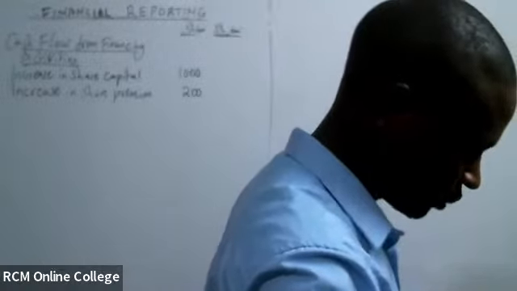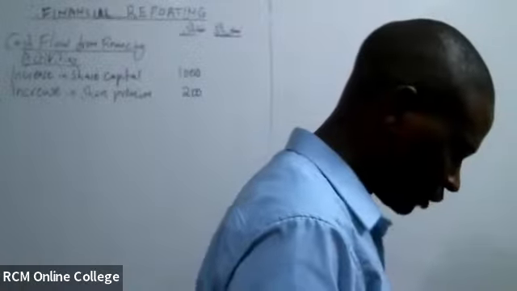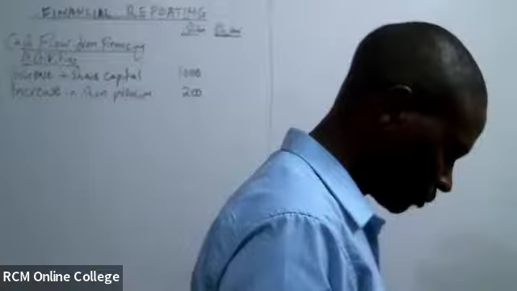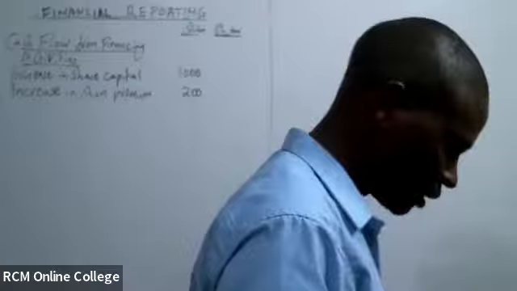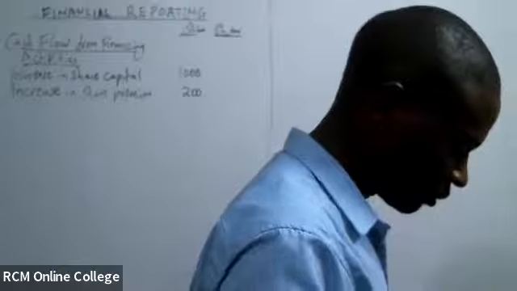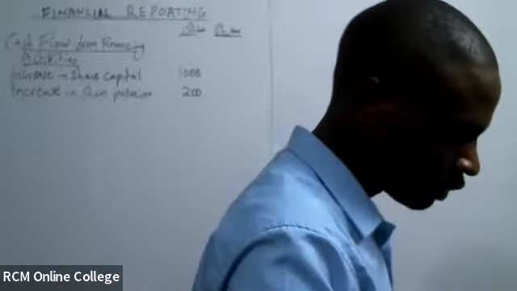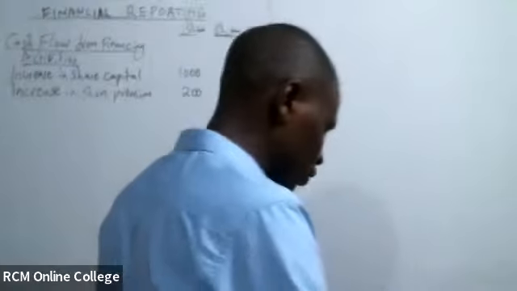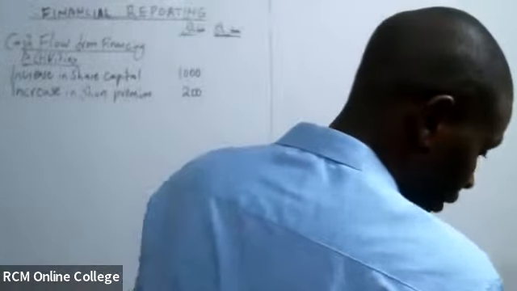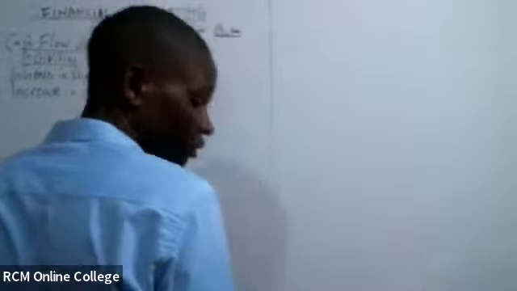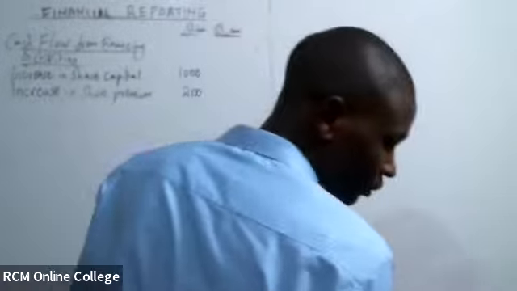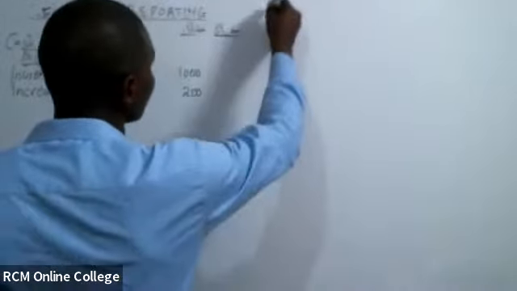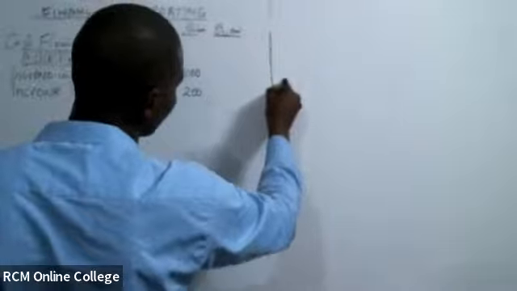Now, class, we are in a topic known as presentation of cash flow statement. Of course, we've done a number of things. Now we're looking at presentation of cash flow statement.